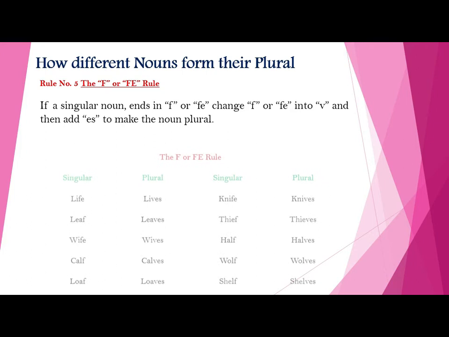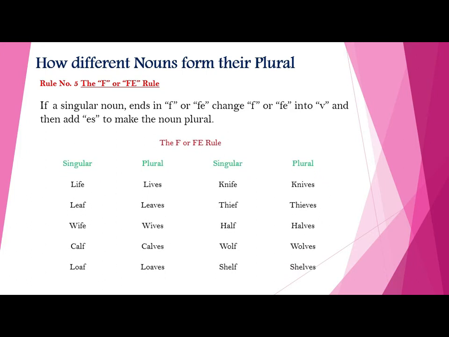Let's see in this table, this is the f or fe rule table. Here life ends with fe, we change fe into v and then add es and it becomes a plural noun.